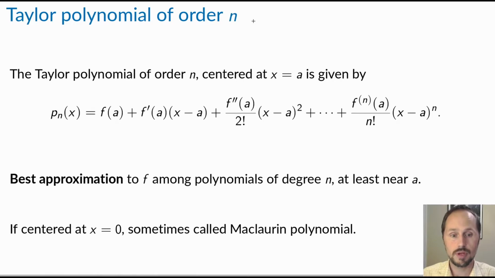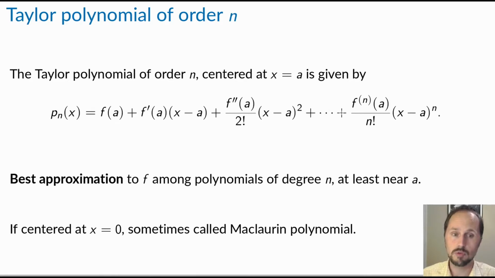So the nth order Taylor polynomial is going to be a polynomial of degree n. So the degree is the power of x that appears in it. And we're going to say it's centered at x equals a. And this is going to be given by a formula where we take f of a plus f prime of a times x minus a. Then we're going to take the second derivative of f at that point divided by 2 factorial multiplied by (x minus a) squared.